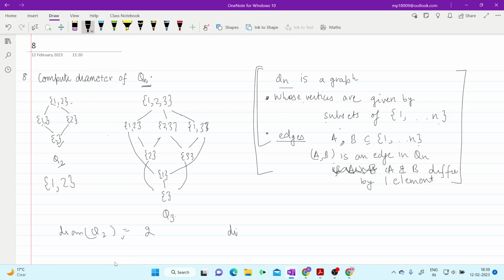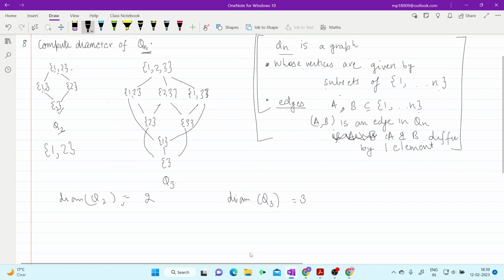What will be the diameter of Q3? It's 3. Why? It passes through every subset. For example, first it goes through one subset, then it comes to the next, then it finally comes to the null set. So based on the number of elements, it will pass through that many subsets. Yes.